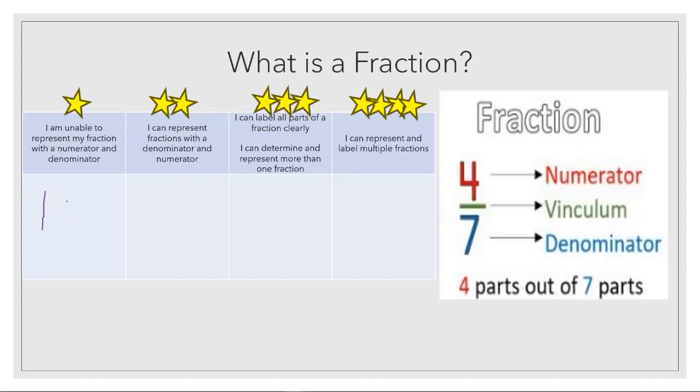You might write like this. So there's my 1/4. And hopefully you'll notice that there is something missing there. Yeah. So 2 star, I can represent my fraction with a numerator and a denominator. So that might look something like this. 1/4.